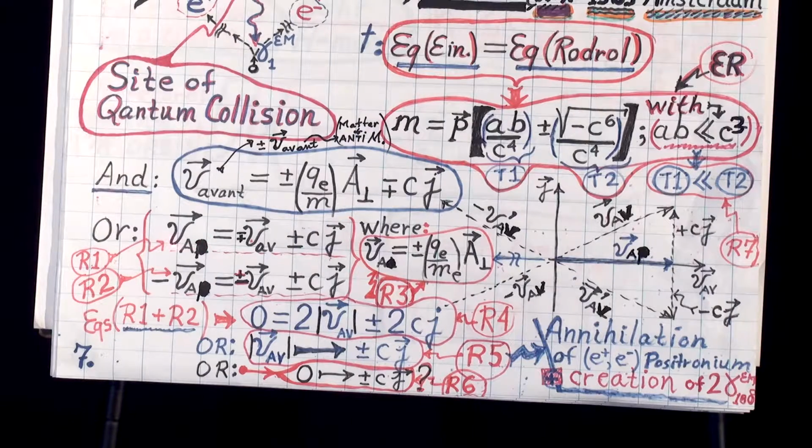And when we solve for the velocity after the collision of two particles, for instance, we end up with the previous velocity before the collision plus or minus c, the speed of light, multiplied by a vertical vector which represents the photon. So here we have the vertical direction which represents the imaginary plane, where you have a photon in one direction and a photon in the other direction. On the right side you have the phenomenon of matter, and on the left side antimatter.